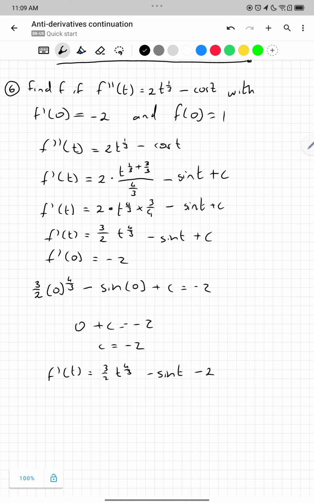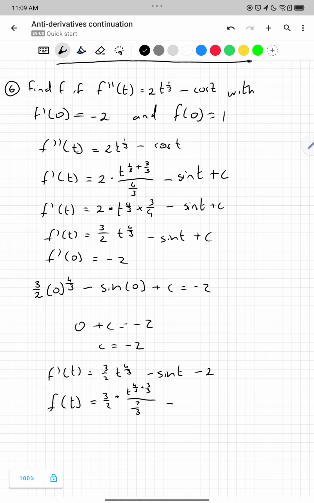Now again, antiderivative. So f of x, because remember they said find f, not f prime. So f of t is equal to 3 over 2, the constant to the side, times t to the 4 over 3 plus 3 over 3 all over 7 over 3.